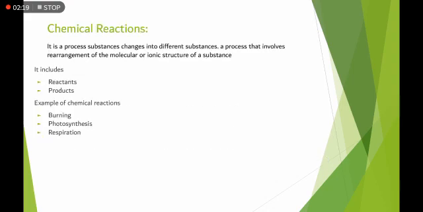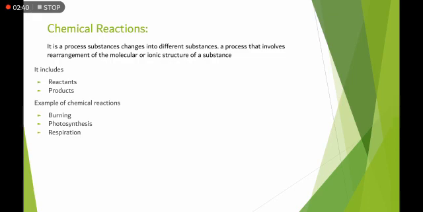So a chemical reaction is a process in which a substance is changing into a different substance by changing its atoms, molecules or ions, or by rearranging themselves. It includes reactants and products. What are reactants? I hope you know this.